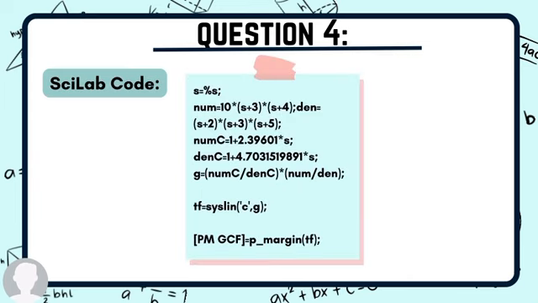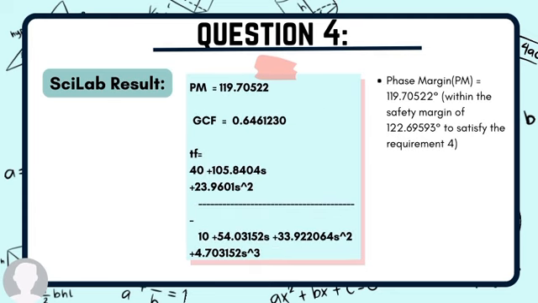This is the coding that we have been using. Executing the previous code, we get the output phase margin of 119.70522 degrees.